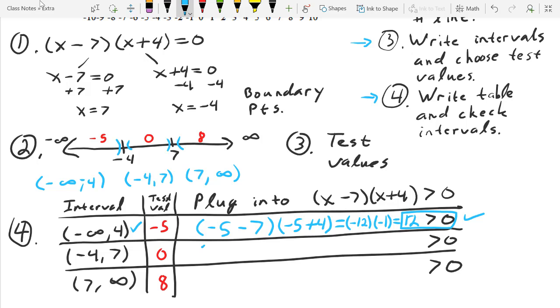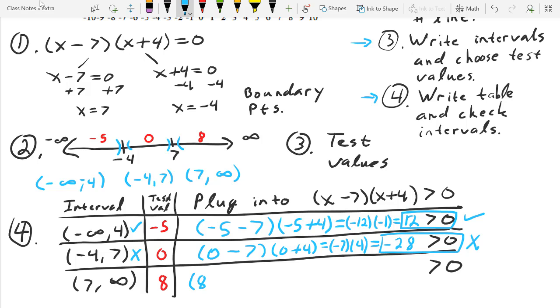If we do 0 minus 7 times 0 plus 4, that's equal to negative 7 times 4, which is negative 28. That's not greater than 0, so that one doesn't check out.